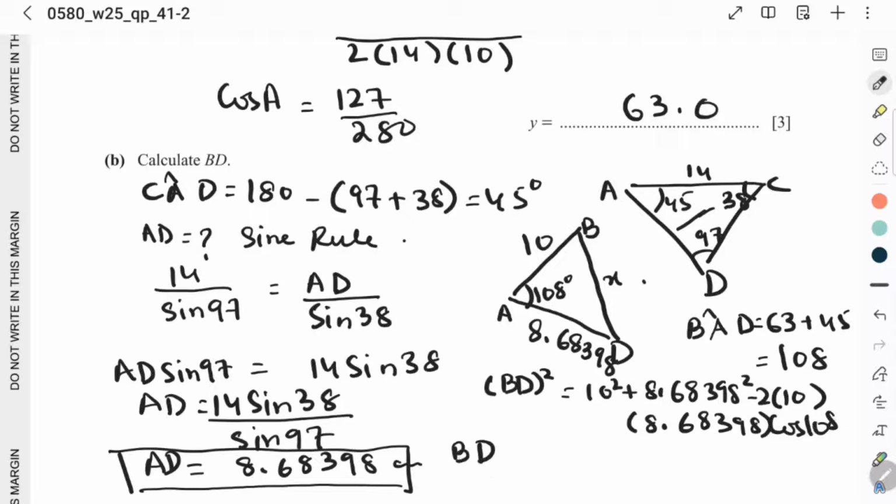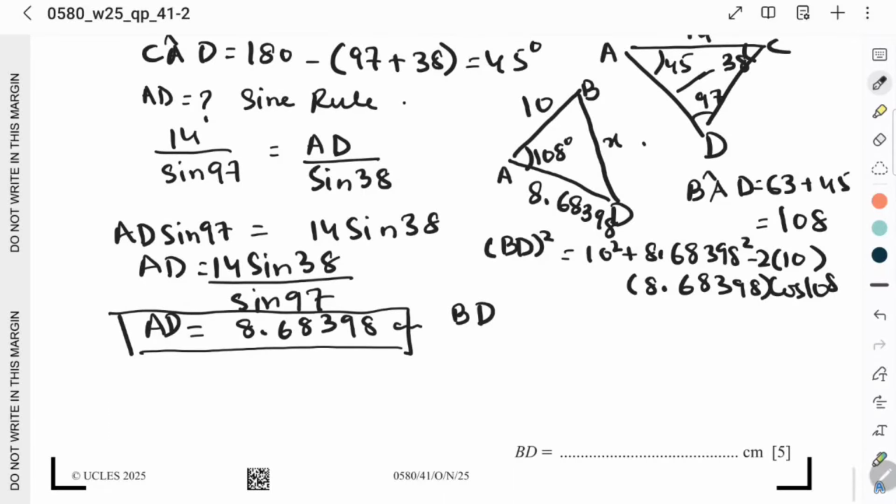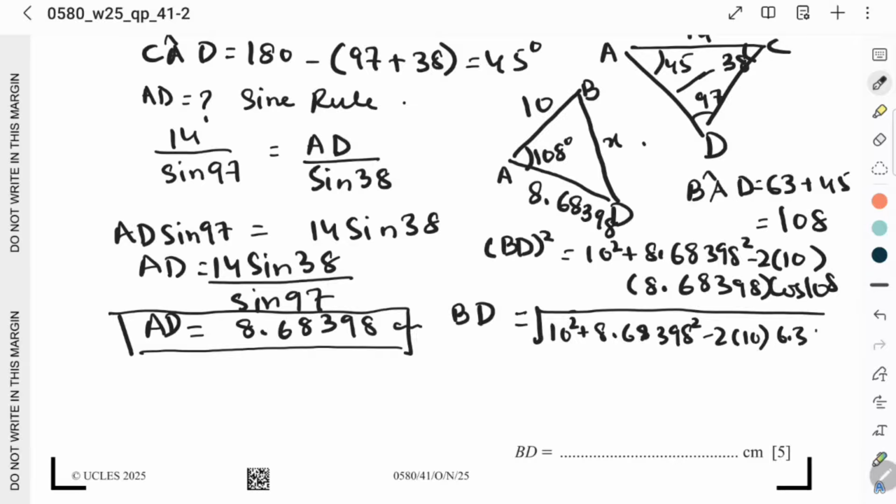BD is equal to the square root of this number. Please calculate it because it's a 5 marks question. Don't skip this step. So you do the square root of 10 square plus 8.68398 square minus 2 times 10 times 8.68398 cos of 108.